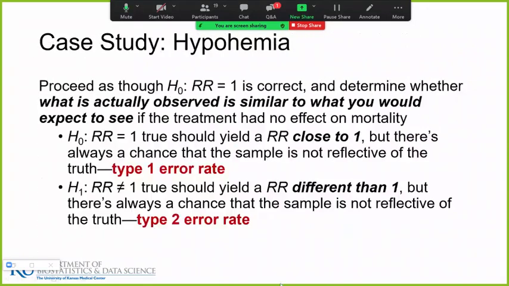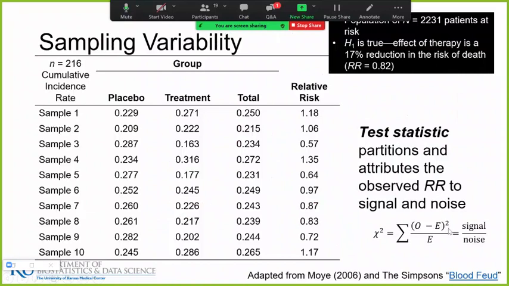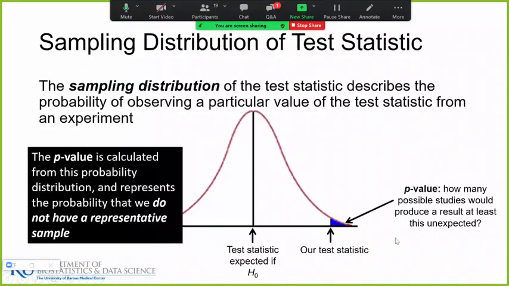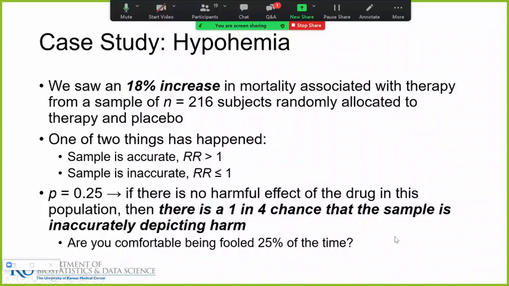I'm not going to go through the math. If I were to put this data into a tool, it would produce a chi-square statistic, one way of analyzing this data. And that chi-square statistic would correspond to a p-value of 0.25.